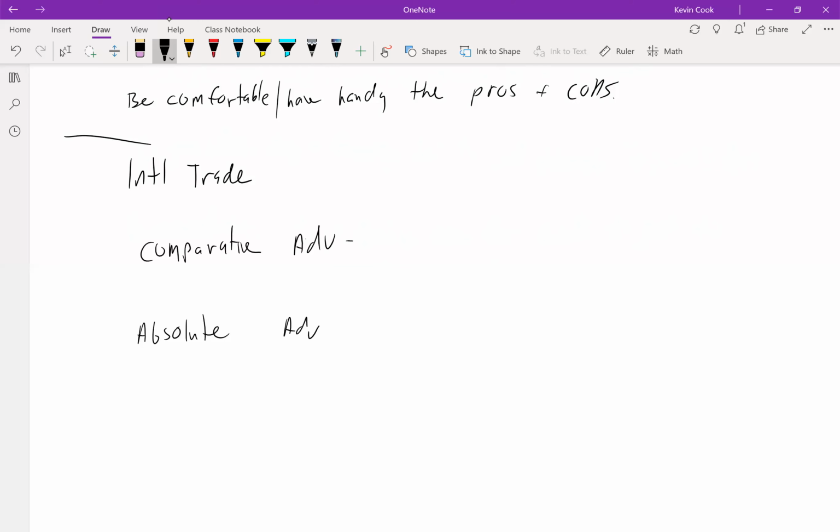Basically, what comparative advantage told us was that I can produce a good with a lower opportunity cost, while an absolute advantage said that I can produce a good using fewer resources.